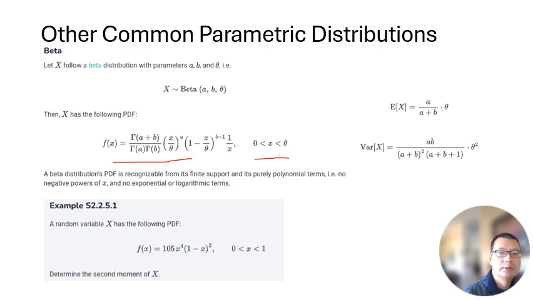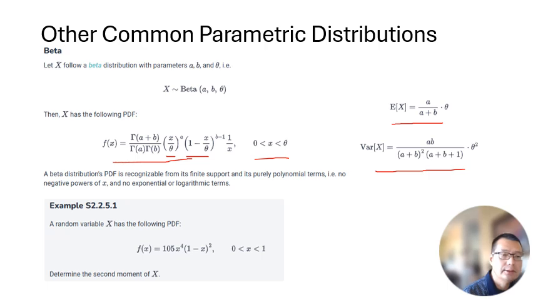Finite support means support is from 0 to theta, and it's purely polynomial terms. That is, no negative power for x, and no exponential or logarithm terms. Here is the expected value of beta distribution and variance. On the spreadsheet that was given by SOA, there will also be E[X squared], the second moment.